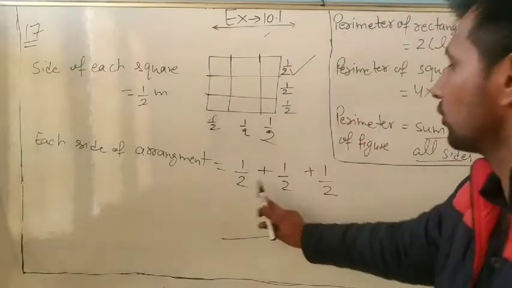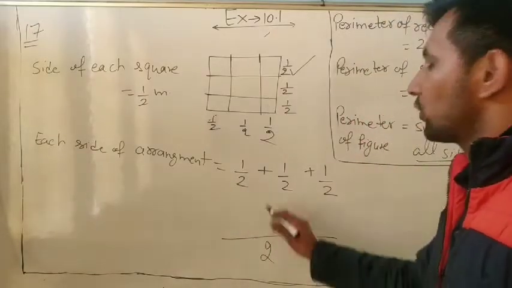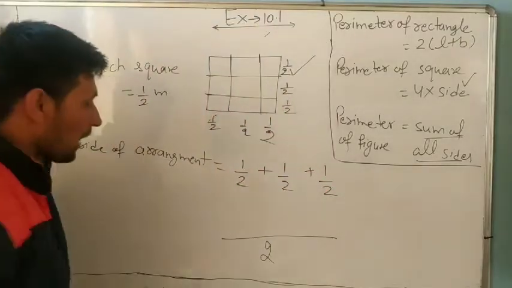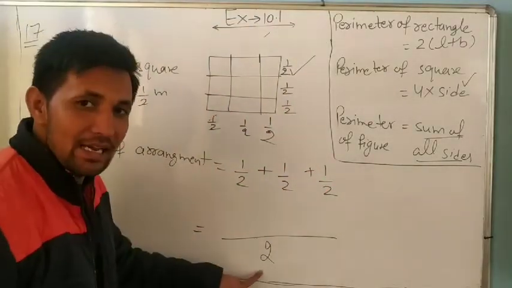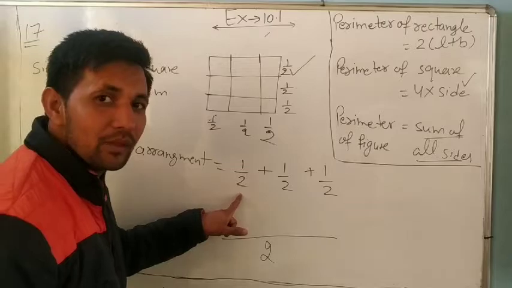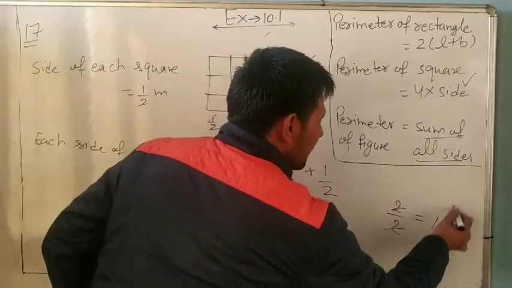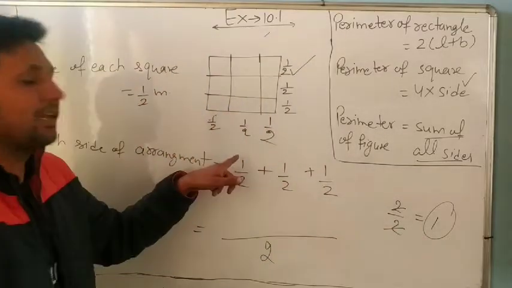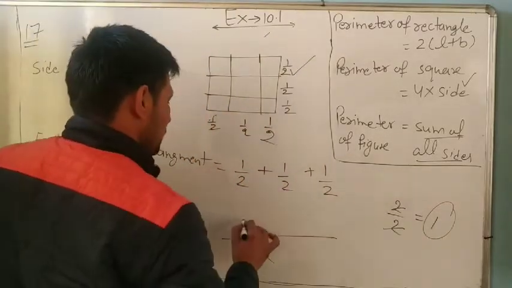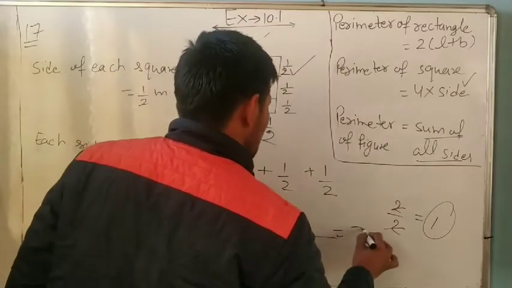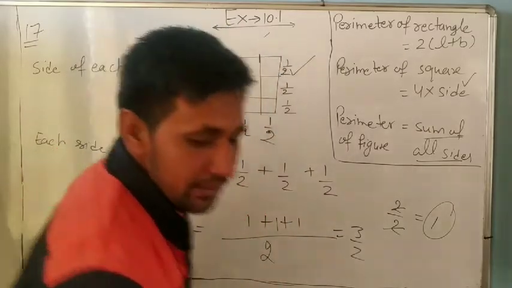What is the LCM of 2 and 2? How much? 2. And how to add? Always remember, divide the LCM by the denominator. 2 divided by 2, what do we get? 1. And multiply by the numerator. So 1 into 1, 1. So it comes 1, 1, 1. So it comes 3 by 2 meter.